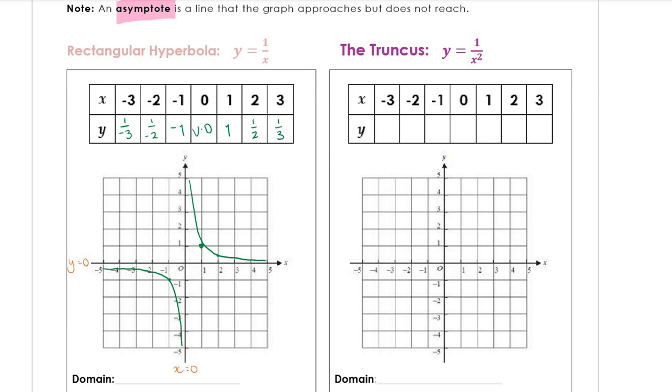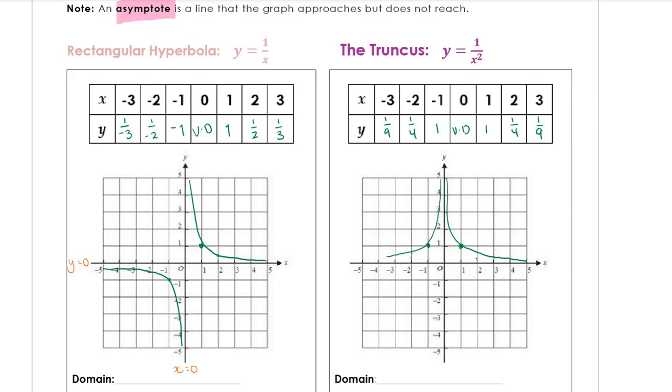Okay? If we did the same thing for the truncus now, looking at 1 on x squared, what you're going to notice is that all your values are positive. So we're going to be above the x-axis, and we're still going to end up with that undefined point at 0, okay? So our graph's going to look slightly different here, but we end up with the same sort of shape just on the other side, okay?